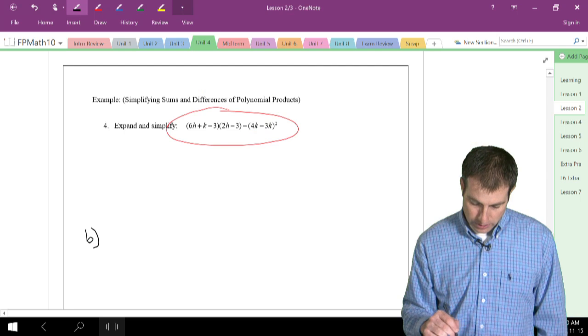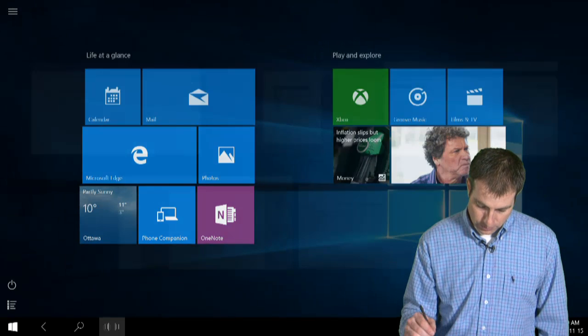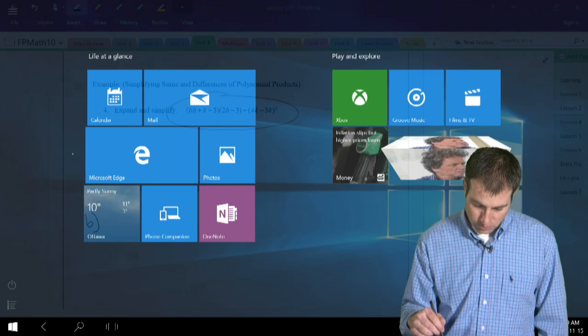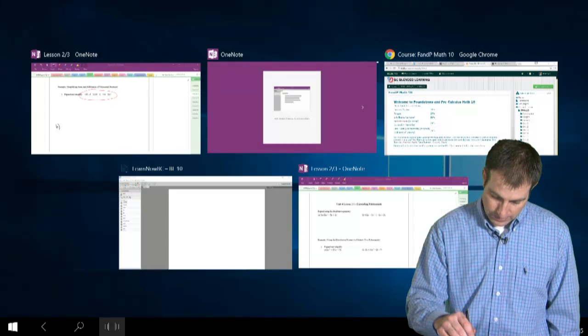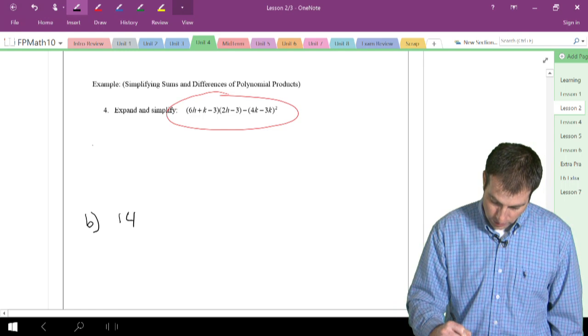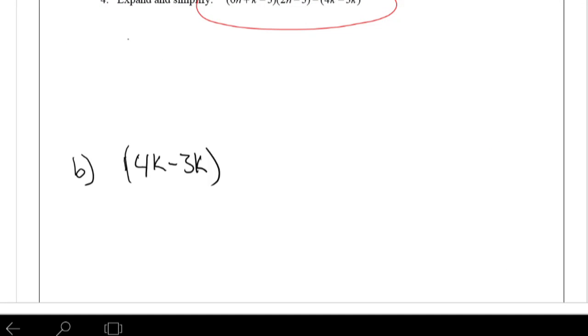Oh my gosh. No, don't want the weather. Where are we? No, please stop. Please, no more. Okay. 4k minus 3k squared. Let's do that. Ian, yeah, it's not necessarily Windows 10.